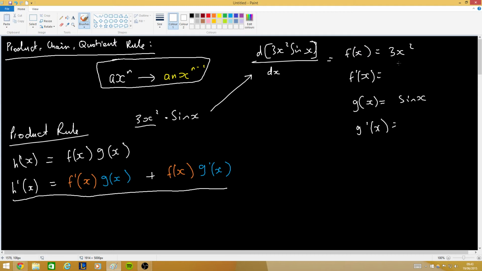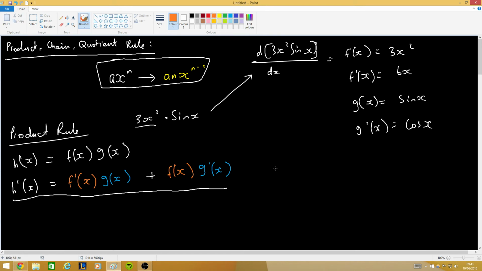Next, we need to find the derivative of both of these terms. And so the derivative of our first, using our original equation here, is going to be 6x. And our second is going to be cosine of x. So now all we have to do is just plug the numbers in.